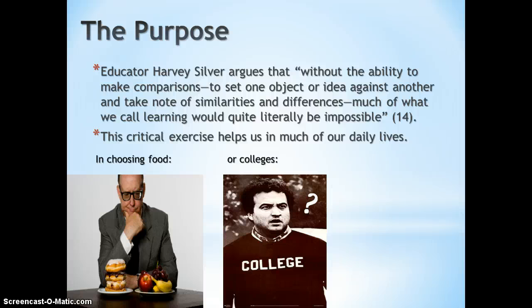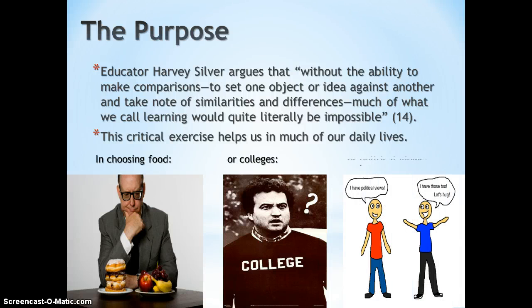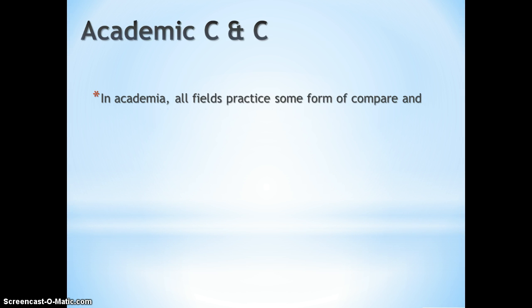So we're making compare and contrasts all the time. Maybe UNCP was your backup school. Even political views, we have all sorts of compare and contrast decisions that we make on a daily basis to figure out what's good for us, what's bad for us, to figure out what we want to believe in, what makes sense to us. We really use compare and contrast on a daily basis to come to decisions, and we look at similarities and we look at differences.